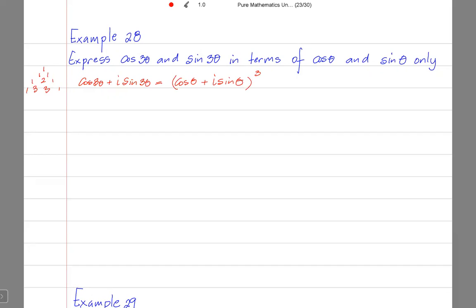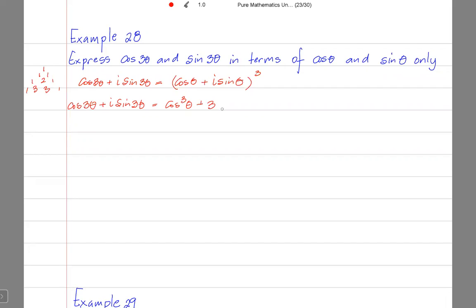This is what the Morse theorem says. In the page before it, we had it the other way around, but it's the same thing. So what I'm going to do now is a binomial expansion to say that cos 3 theta plus i sine 3 theta is equal to cos cube theta plus 3.